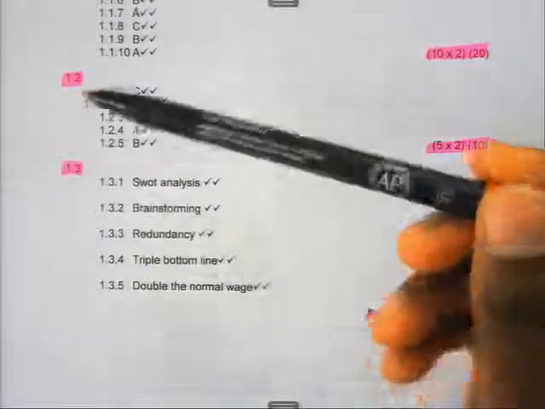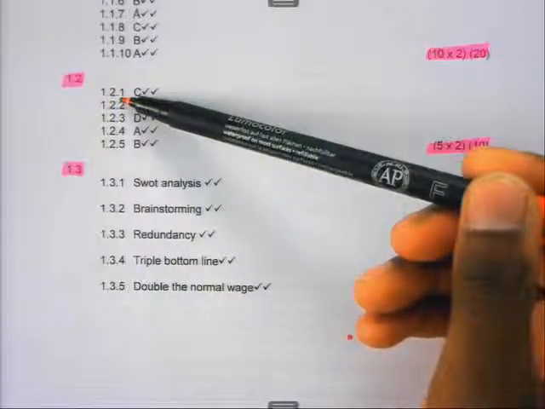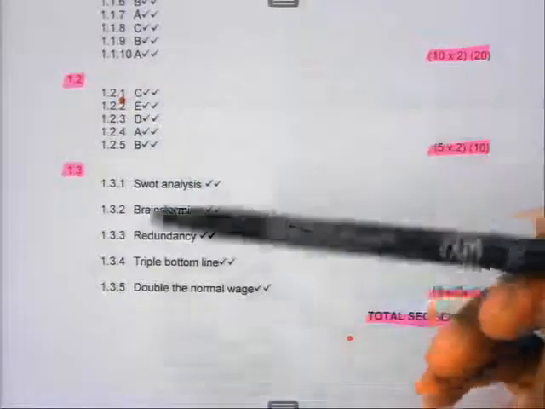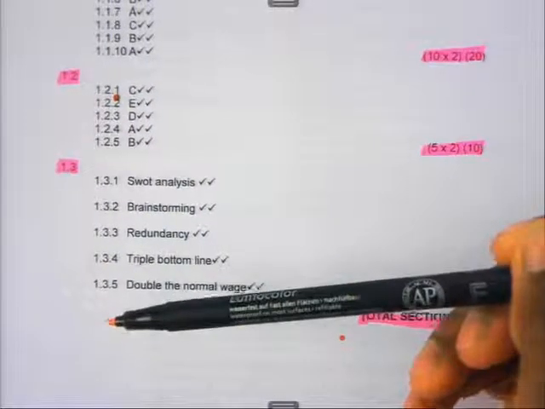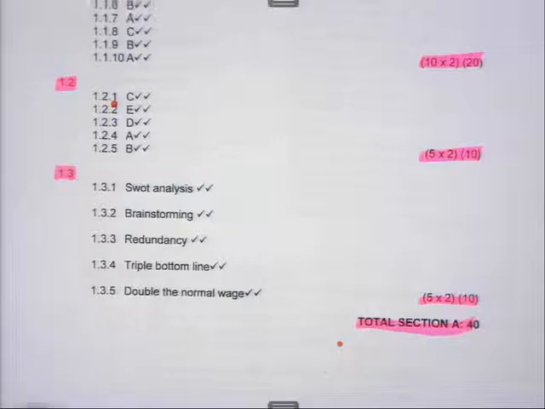For example, question 1.2.1, if you decide to make it question 1.2.1.1, you get penalized for that, because why do you change the numbering of the question paper? You are not supposed to do that. So instructions are very, very important. They cannot be underestimated or taken for granted.